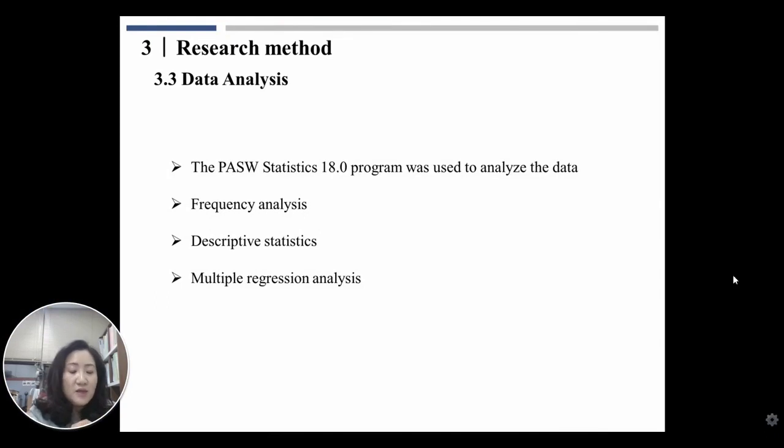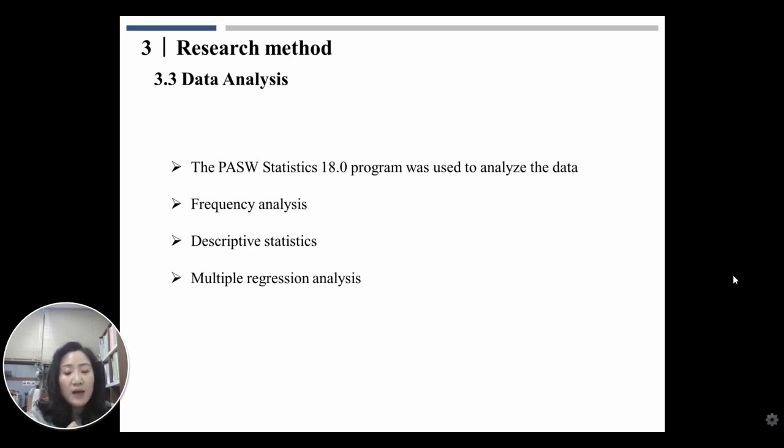PASW Statistics 18.0 program was used to analyze the data collected to test this research question. Frequency and percentage were calculated to understand the general characteristics of the study subject, and Cronbach's alpha coefficient was calculated to determine the degree of internal consistency of the survey tool.